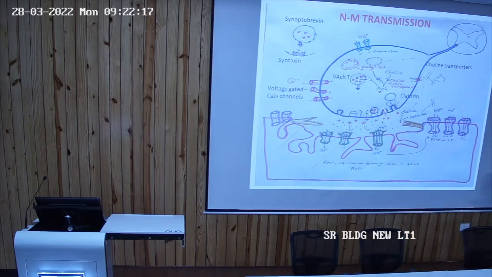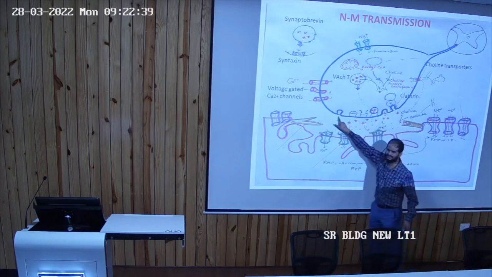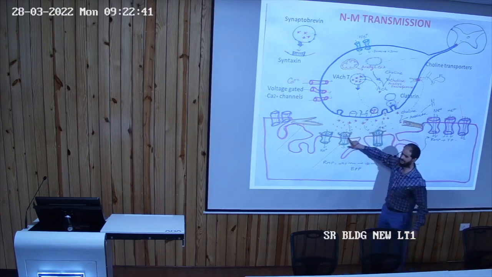So it makes a hole, and after the hole is formed, all the chemical substance, that is the neurotransmitter acetylcholine, will be released into the synaptic cleft area. Obviously, near the presynaptic membrane there will be more neurotransmitter, and initially less further away.